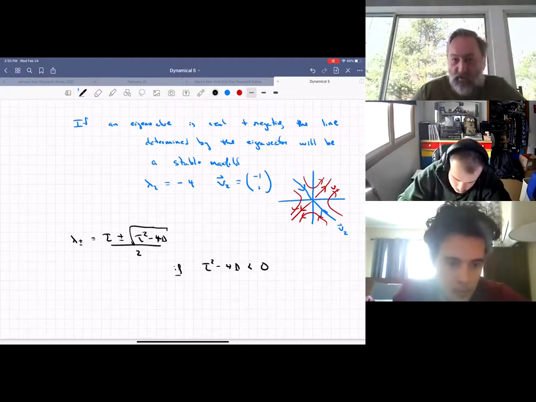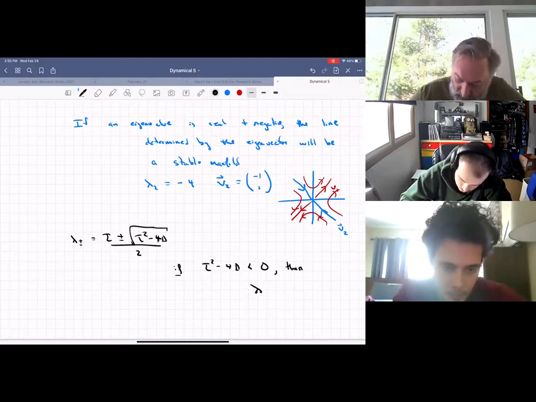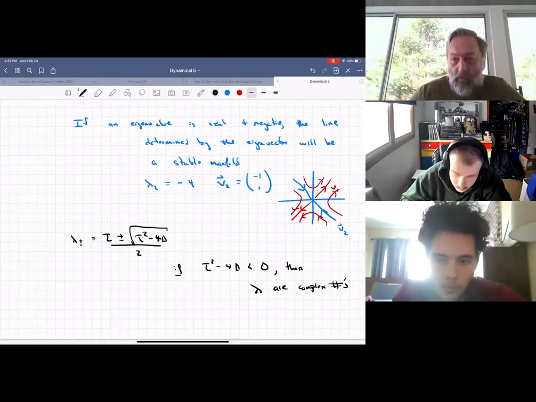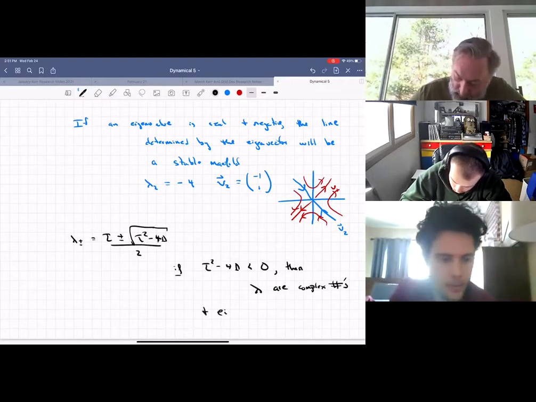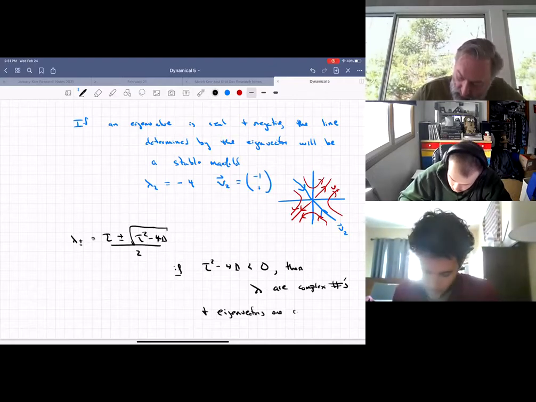If the trace squared minus 4 delta is less than 0, then the eigenvalues are complex numbers. That's interesting. We didn't do complex. And the eigenvectors are complex numbers.